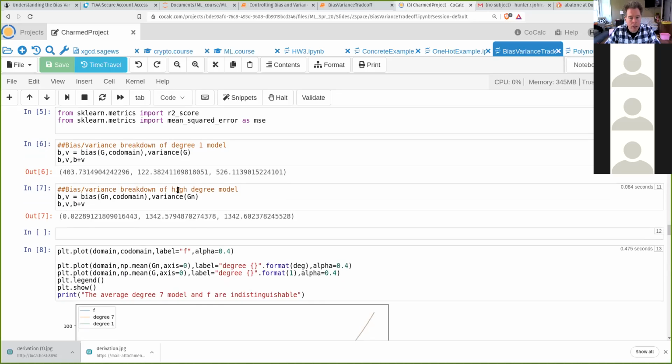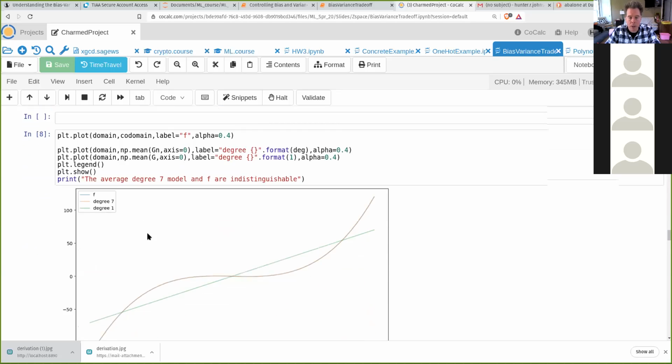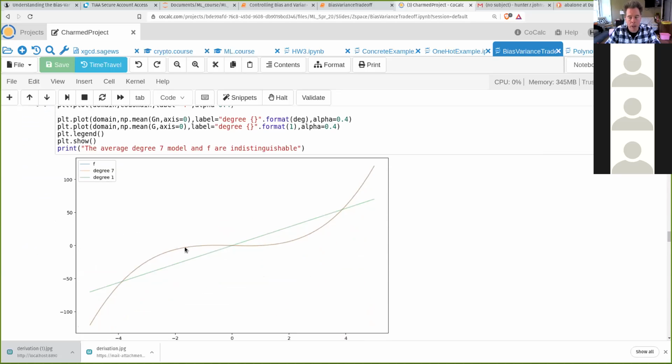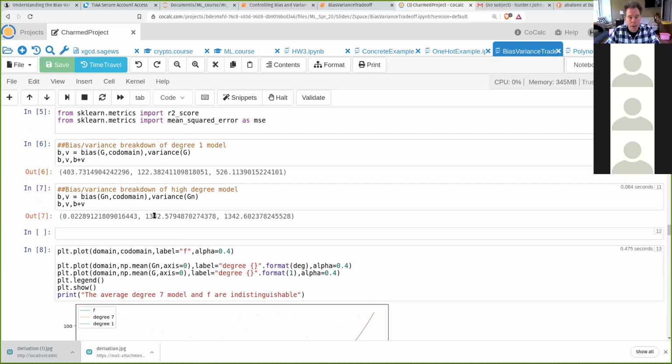Here's the degree 7 model. The bias has gone down to almost 0, because you can't tell the difference between G bar and F for the degree 7 model. But the variance has gone up to 1342. When you take the sum of these, you get an expected error that's higher.